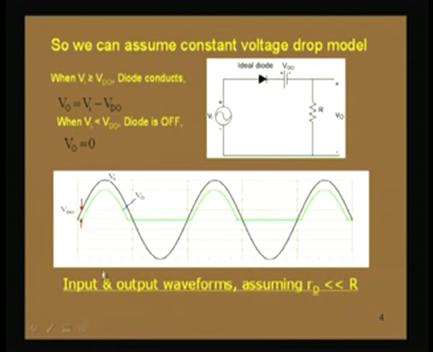Now, if we want to find out the average voltage V_0, then we have to integrate this output voltage waveform within this time period. That we will be doing now to get the average output voltage V_0.